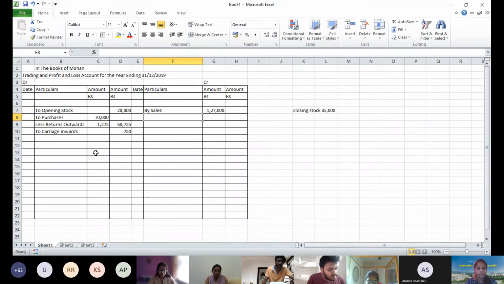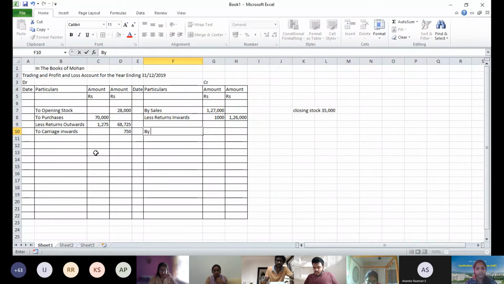Less return inwards, not sales return. Write what is there in the problem. Returns inwards, what is the amount? 1,000. So 1,27,000 minus 1,000. It's a very simple aspect. Addition and subtraction. 1,26,000.